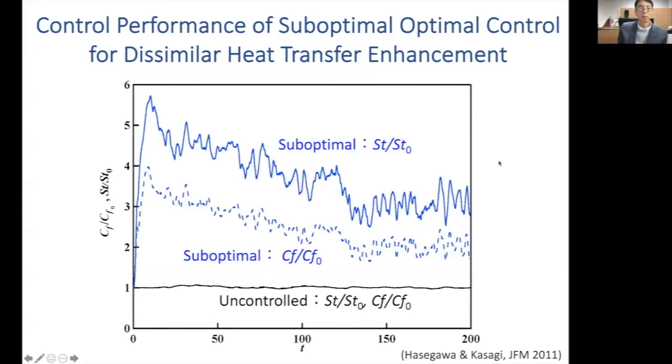When you apply control, this ST and CF suddenly increase in this case. But the interesting thing is that the Stanton number is enhanced much more than CF. Specifically, the heat transfer rate is enhanced 3 times, while the pressure loss is only doubled.